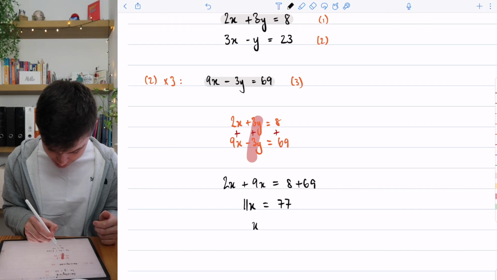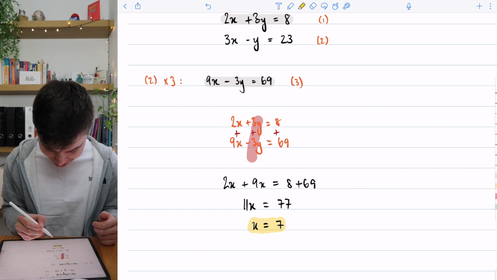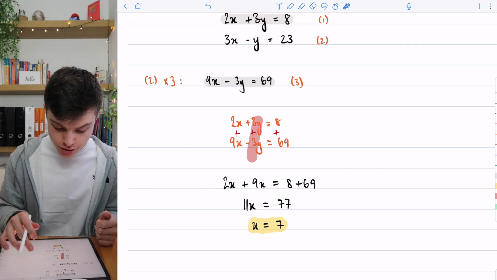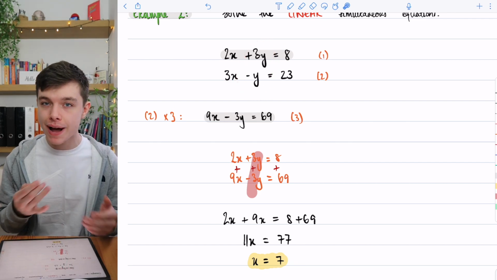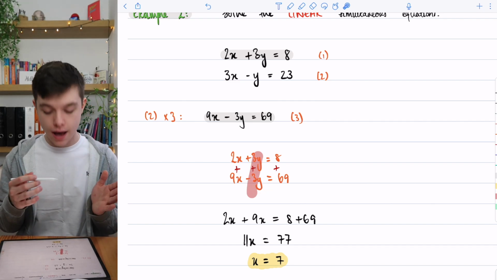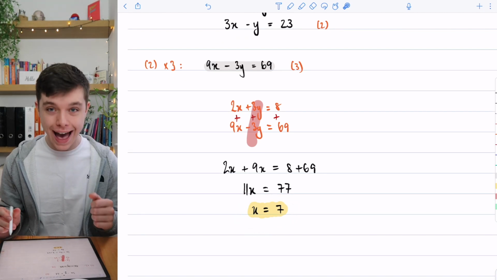So we'll get x is equal to 7. And that is our value for x. So again, what we've done there is parts 1 and 2 of our elimination method. We multiplied first, eliminated a variable, and then solved for the variable that we didn't eliminate. Okay, so we've solved for x here.